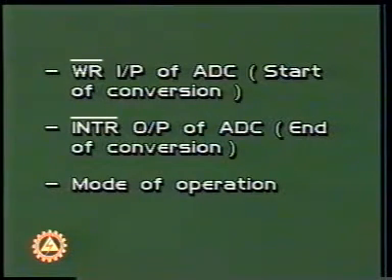Now we execute software developed till second step and analyze the results. In case of malfunctions, we analyze the status of write bar and interrupt bar signals on ADC 0801 chip and the mode of ADC operation.